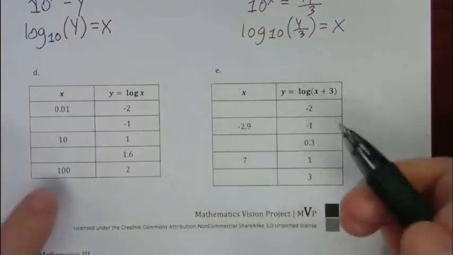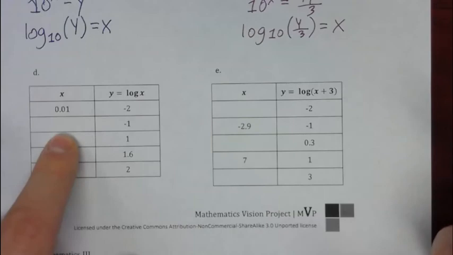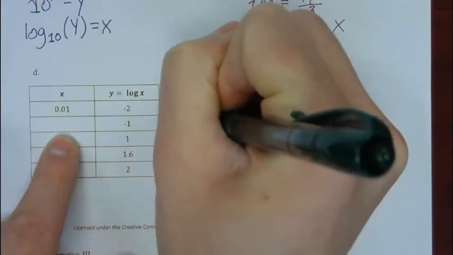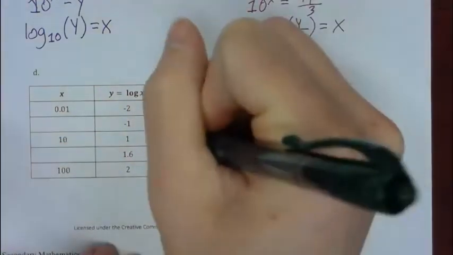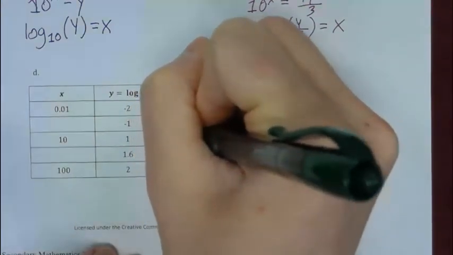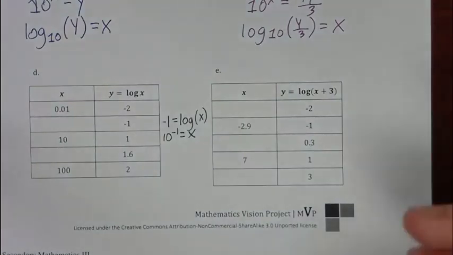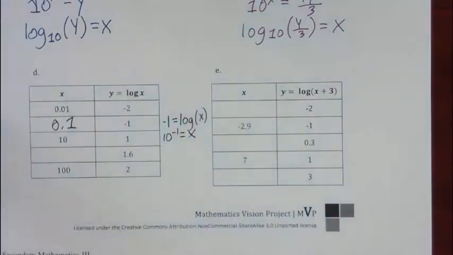For instance, this first missing x is going to be an easy one to find, because we basically have -1 is equal to log of x. So it would just end up being 10 to the -1 is equal to x. Well, that's easy. 10 to the -1 is just 0.1. We had that one earlier.